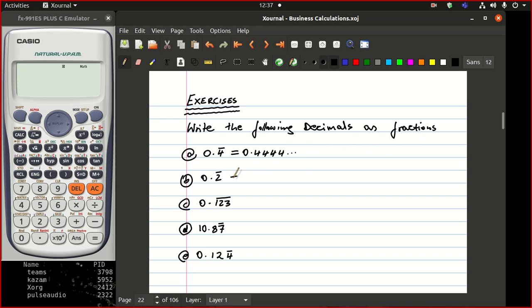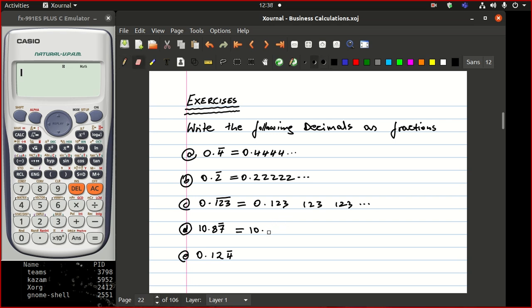And this number is the same as 0.2222, and then you continue all the way. And then this one is the same as 0.123, 123, 123, and then it continues in that particular fashion. Of course, we place three dots at the end. And then this one is the same as 10.8.